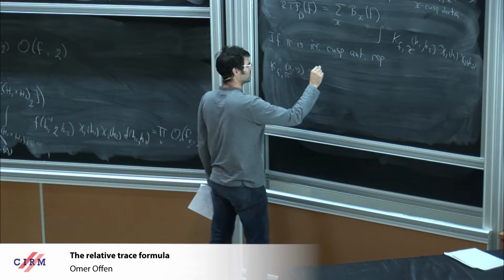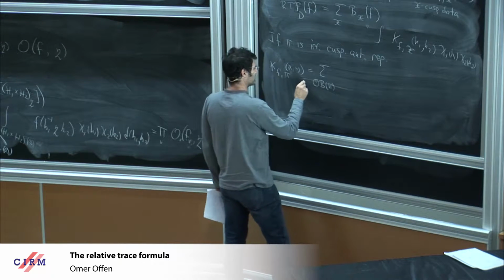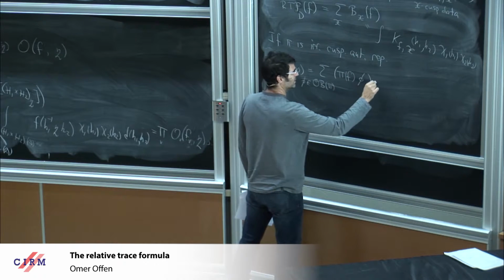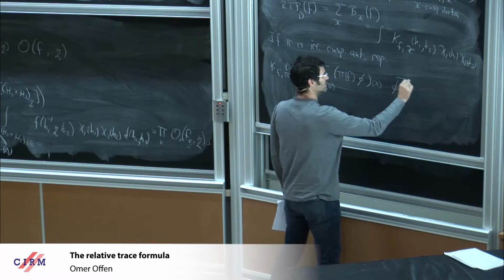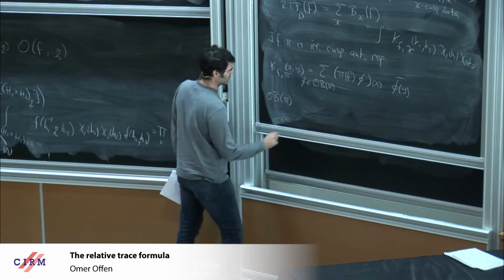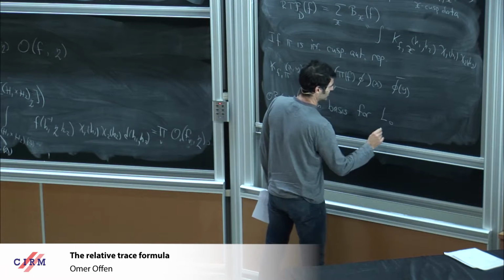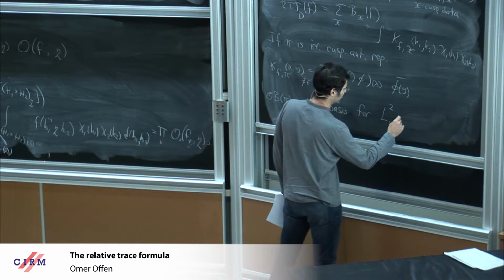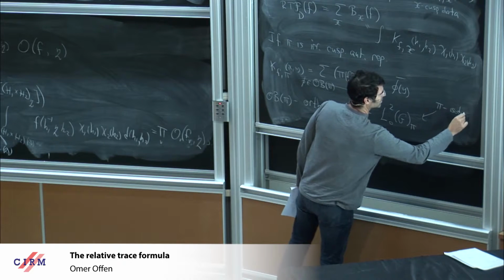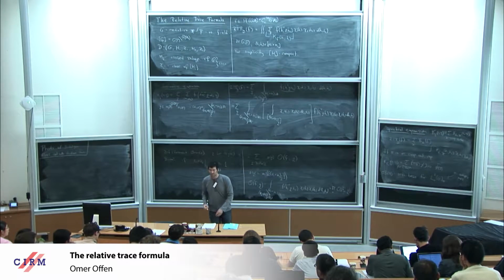So it's a sum over the set, I'll denote by OB of pi, of f acting on the automorphic form phi and evaluated at x, and phi evaluated at y, where we actually sum over, if I want to be precise, an orthonormal basis, well, not quite for pi, but rather for the pi isotypic part in the cuspidal spectrum of G. So if pi has multiplicity 1 in the cuspidal spectrum, this is just an orthonormal basis over pi.